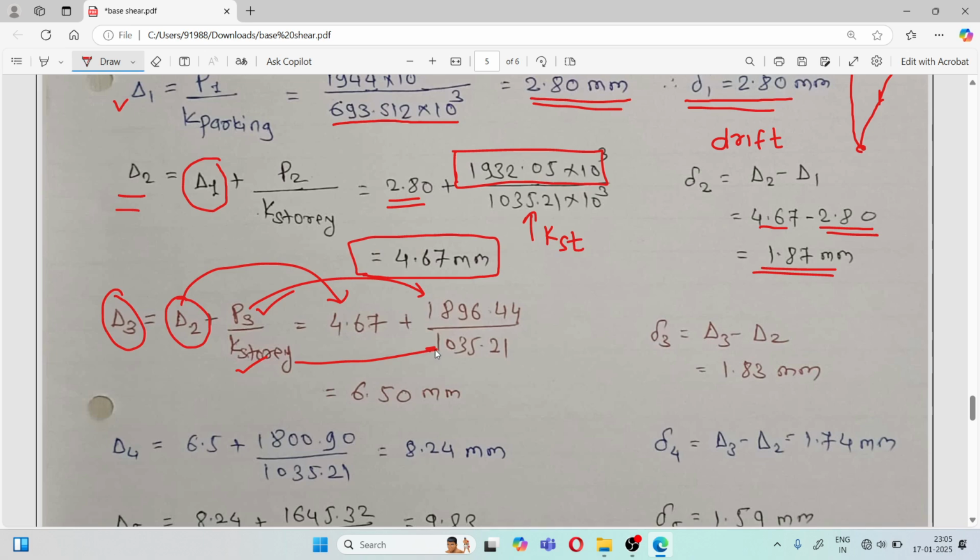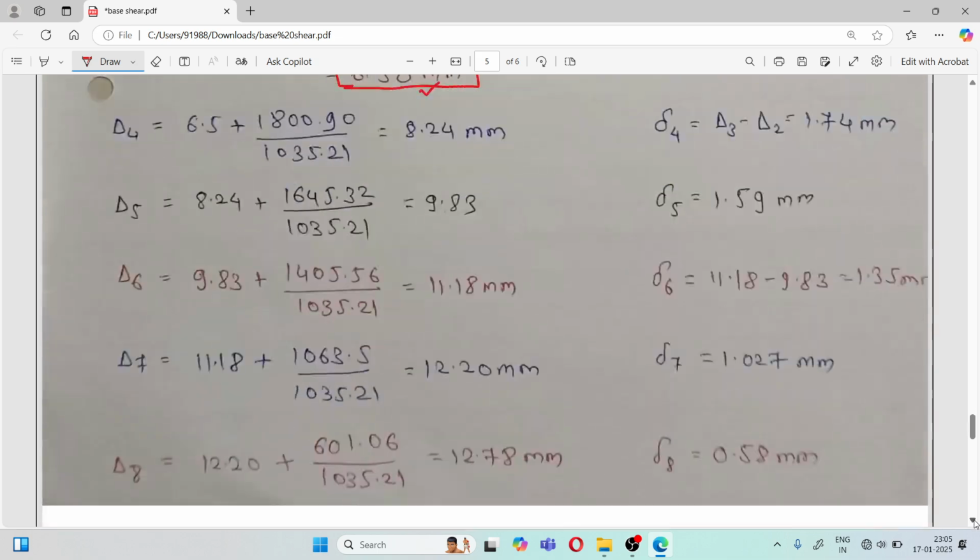Stiffness we have just calculated, 1035. So you will get the displacement of the third story as 6.5. So what will be the drift? Drift will be delta 3 minus delta 2. Delta 3 is 6.5, delta 2 is 4.67. You will get the drift 1.83. Similarly, you have to do this for the remaining stories.